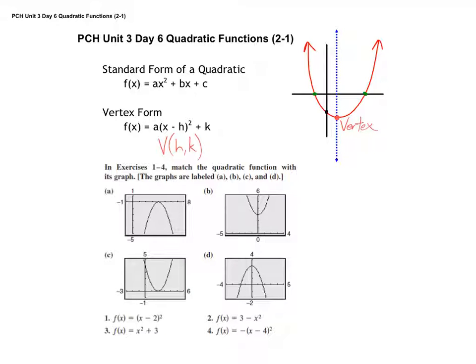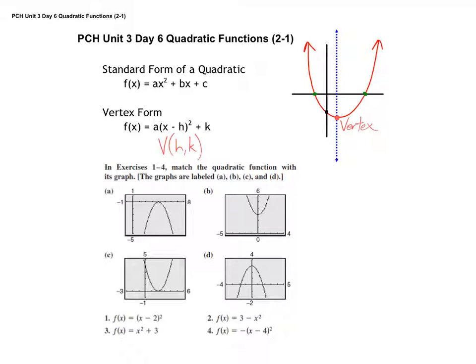The horizontal translation is the opposite of what it looks like. So if it was x plus 2, you were going to the left. And if it was x minus 2, you went to the right. So if it's x minus 2, h would be 2. If it's x plus 2, h would be negative 2. Very good observation.